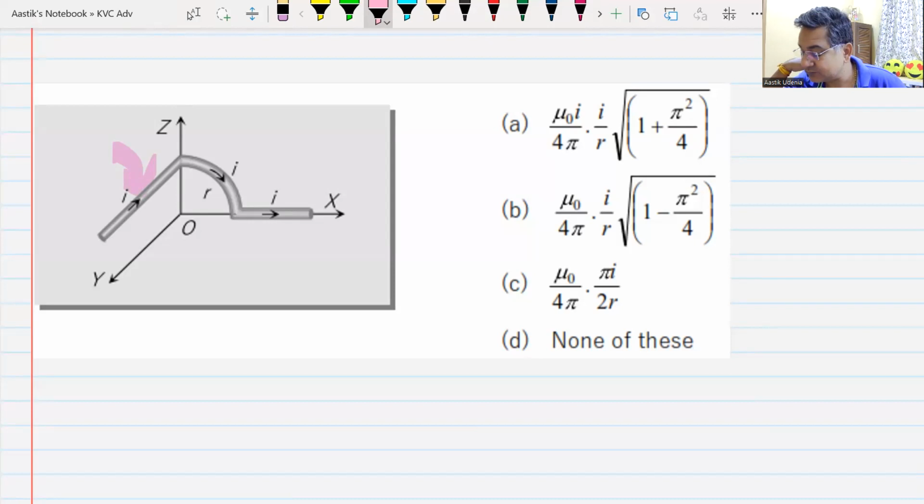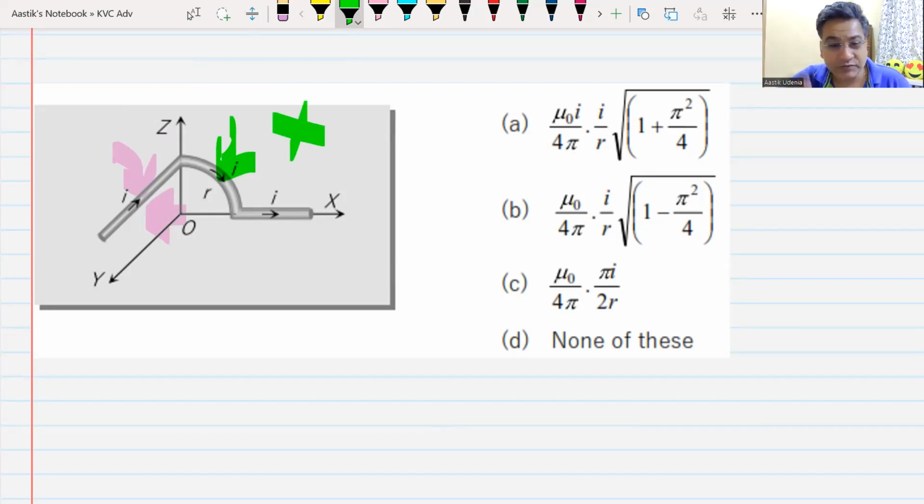Sorry, negative x-axis. This is going along negative x-axis. Where is the magnetic field of this wire going? It is going inside, negative y-axis. Both are perpendicular. The only option has to be this one. There's no other option possible.